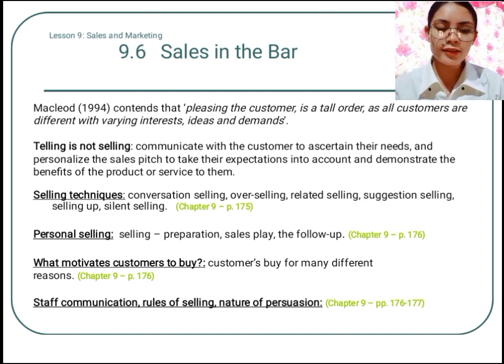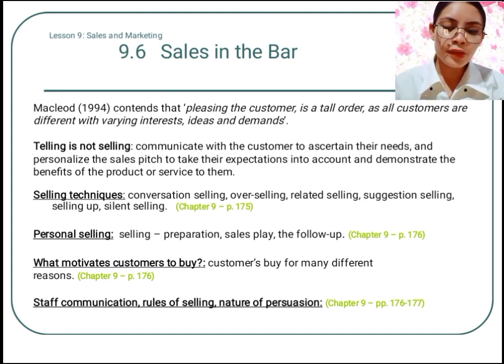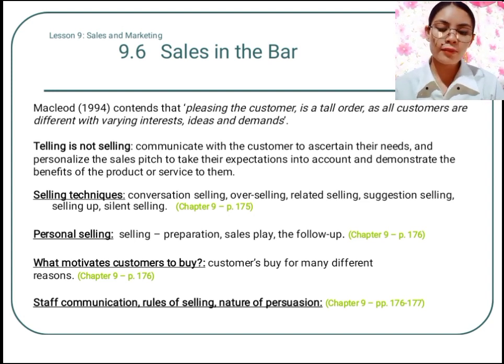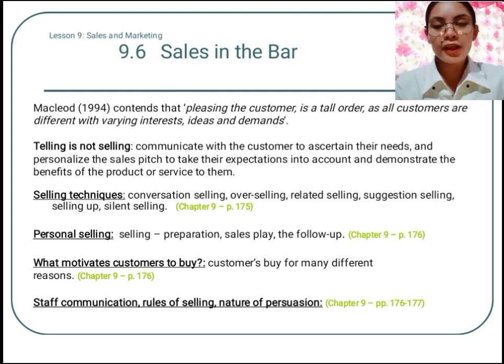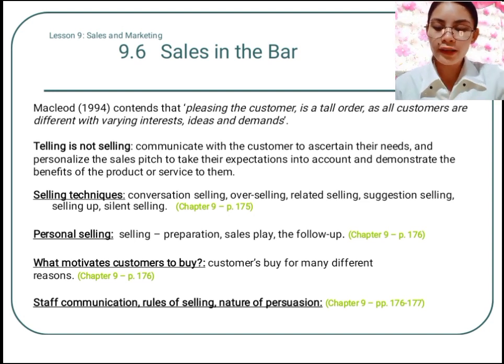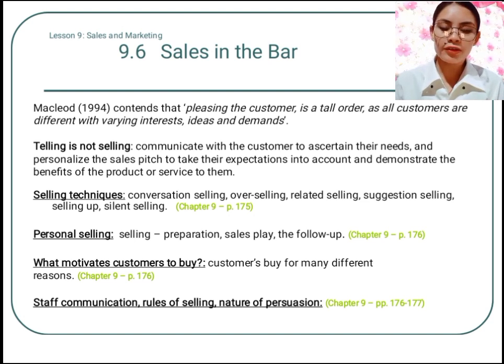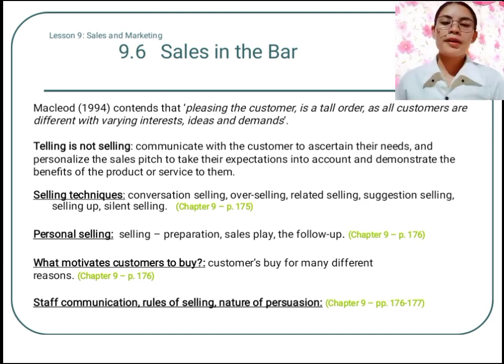Suggestion selling is a sales technique that helps bar owners increase their sales revenue. So, dako ni matabang ang suggestion selling nga para makataas og kita sa bar. Selling up. So selling up is a sales technique used to get guests to spend more on alcohol by buying an upgraded or premium version of drinks. So money siya ang selling up. Next is personal selling. What is personal selling?